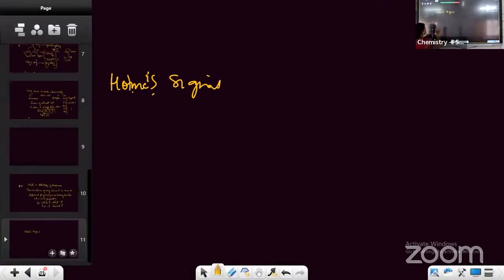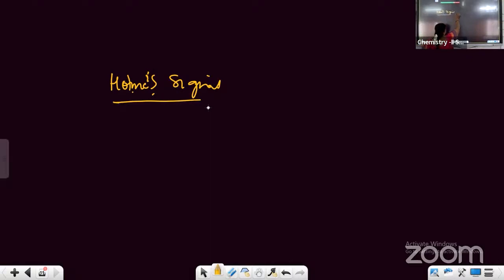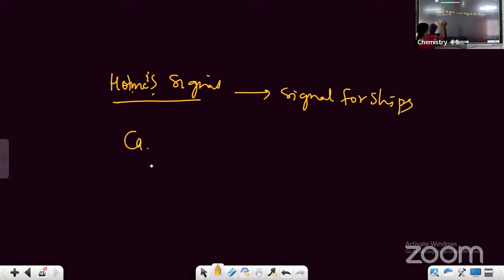Here, what is this Holmes signal? This serves as a signal for ships. Here we'll take calcium phosphide, Ca3P2.